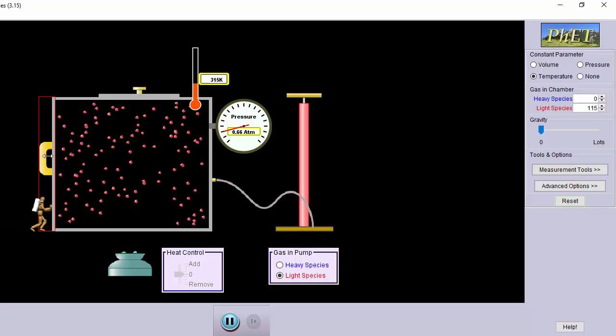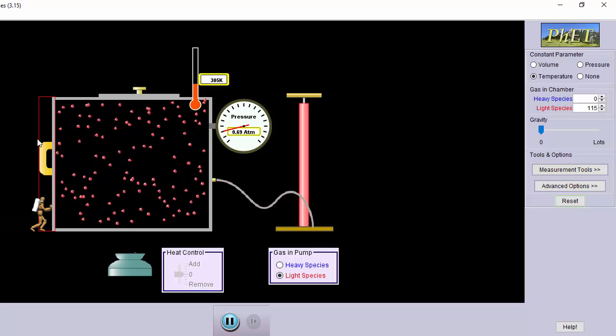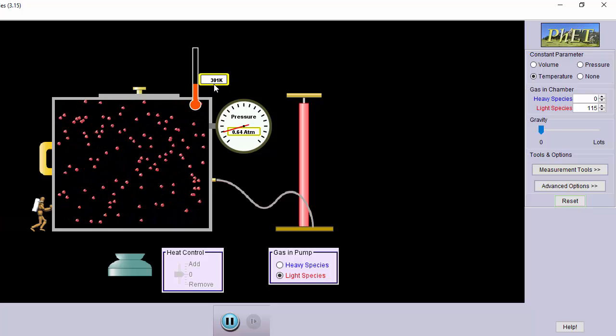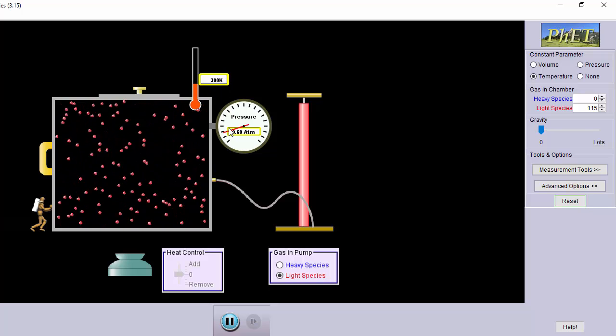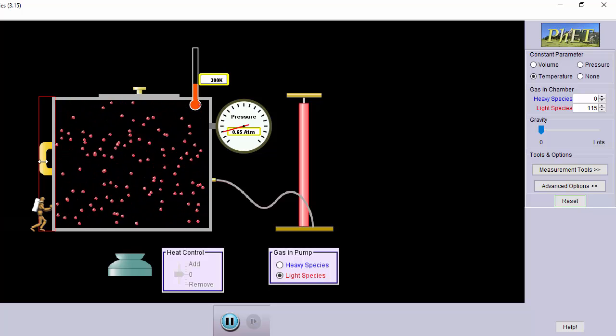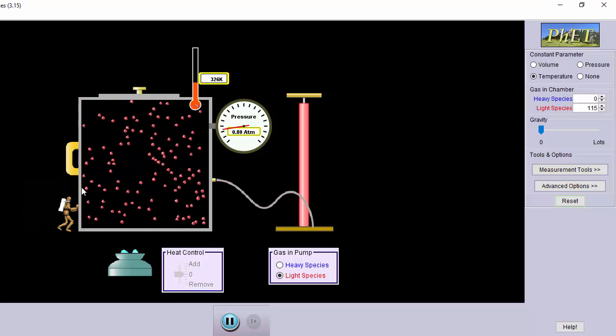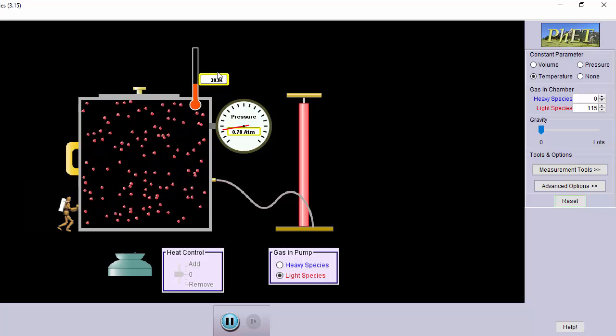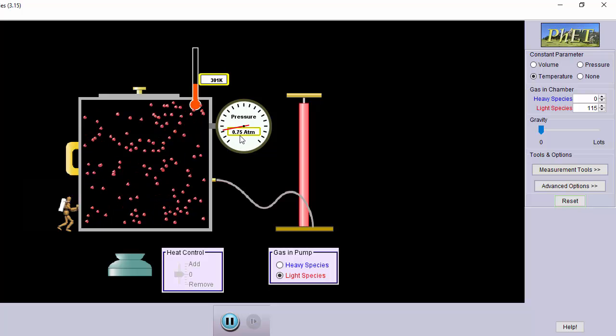So what I'm now going to do is push the side in, so I've lowered the volume, and just like with the fire piston, the temperature will increase, but as we let it cool down you'll notice that the pressure has increased. We're going to again reduce the volume, temperature's gone up again, wait for it to come back down, and again the pressure has increased.